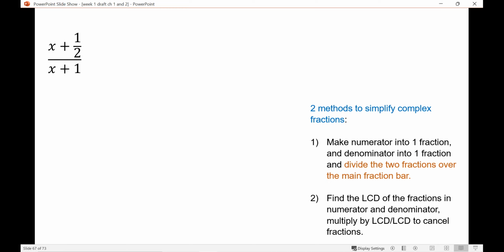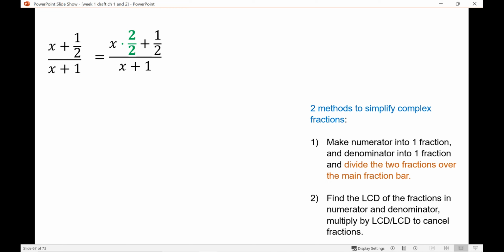So the example that we just had, x plus 1/2 over x plus 1. I'm going to go through the first method. So the first method wants us to turn the numerator into a single fraction. So we've got an x plus a 1/2 in the numerator. We need to add those together so it's a single fraction. Okay. To do that, we find the common denominator.